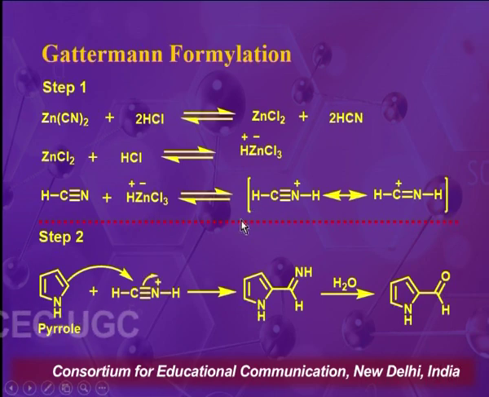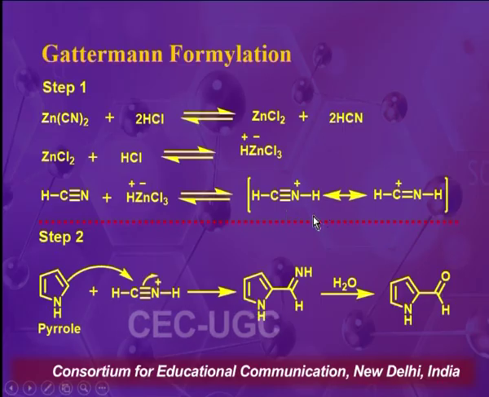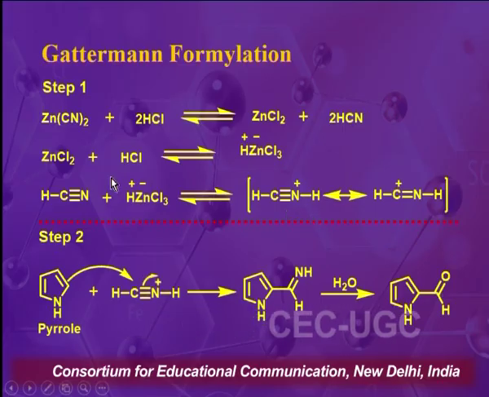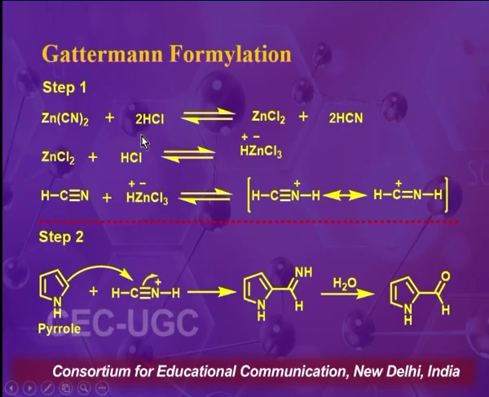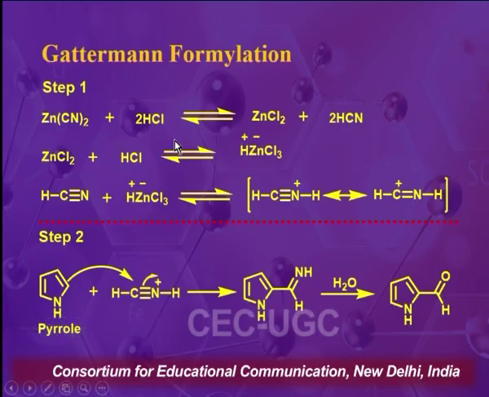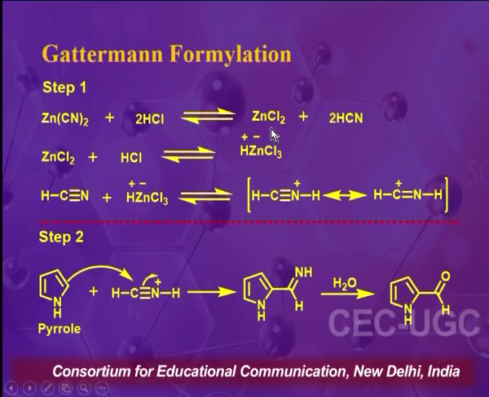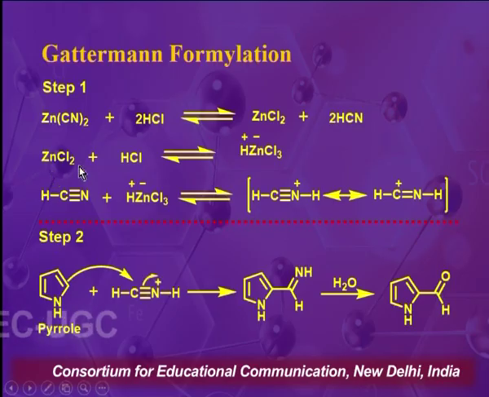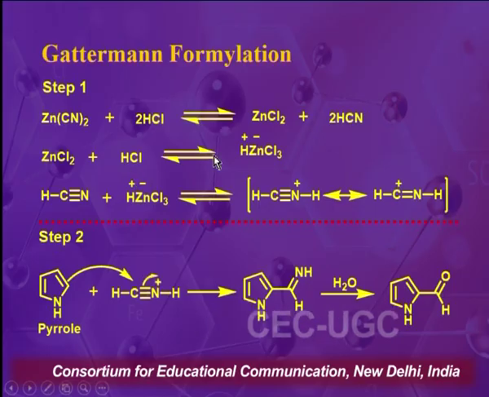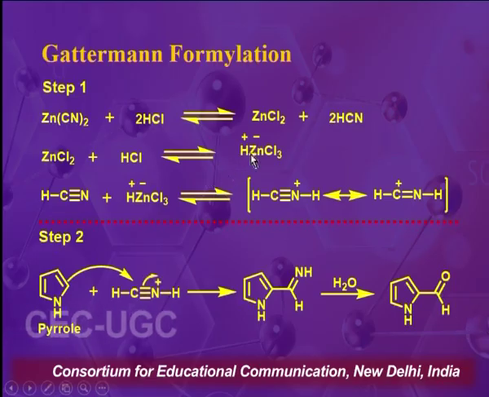In the first step, there will be generation of the electrophile, which is generated by the reaction between zinc cyanide and hydrochloric acid. When zinc cyanide and hydrochloric acid react, they produce zinc chloride and hydrogen cyanide. Further, zinc chloride reacts with hydrochloric acid and produces a complex, that is H positive ion and ZnCl3 negative ion.